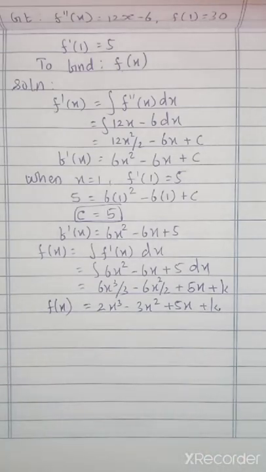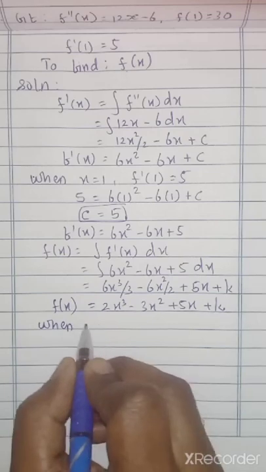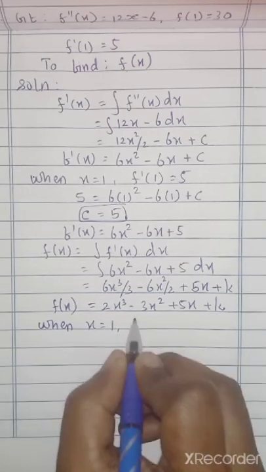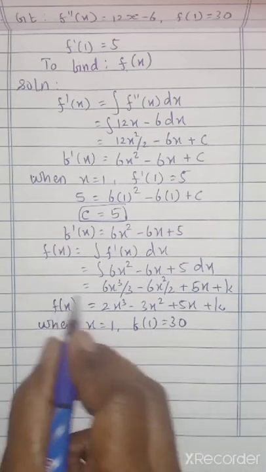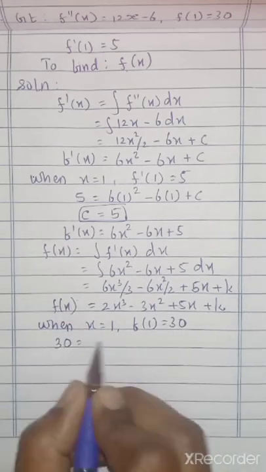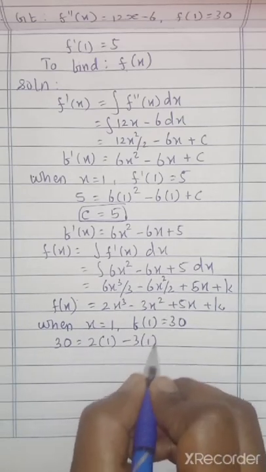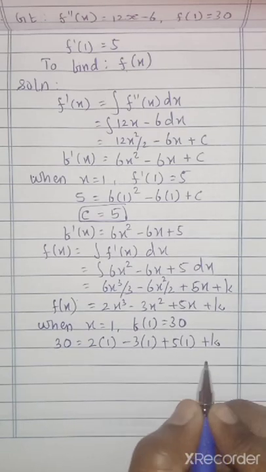Now again it is given that when x equal to 1, f of 1 equal to 30. So instead of f of x we are going to substitute 30, and instead of x we are going to substitute 1. So 2 into 1 minus 3 into 1 plus 5 into 1 plus k.